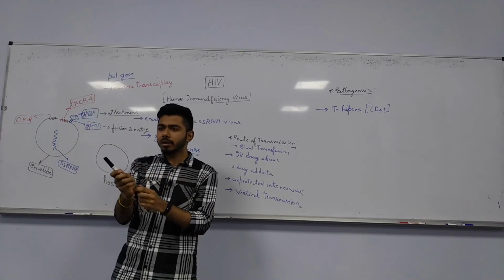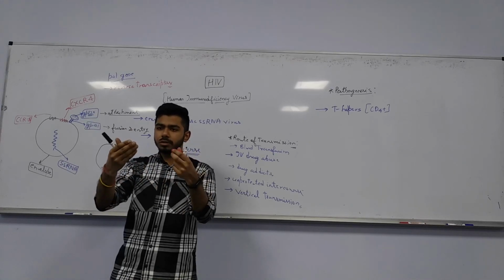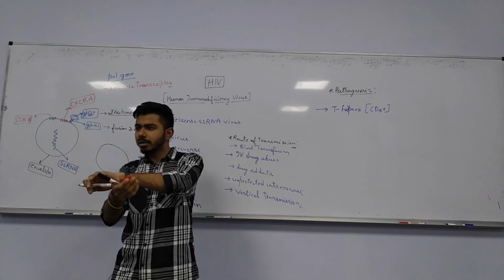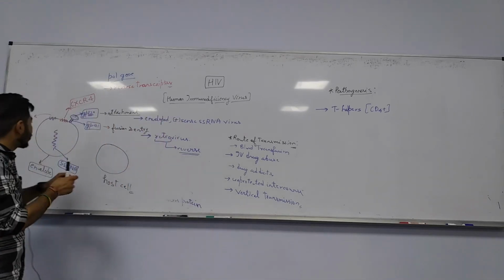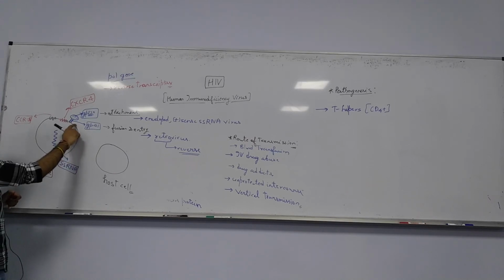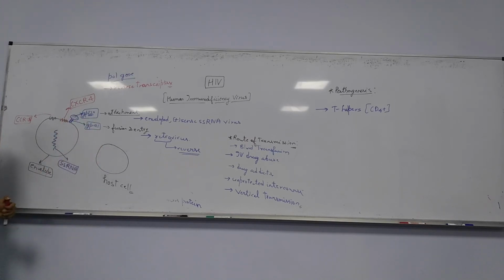Now what will be happening? There will be the GP41. GP41 will help it enter and fuse inside this cell. So GP120 will be binding to this cell, and with the help of GP41, it will be entering inside the cell.